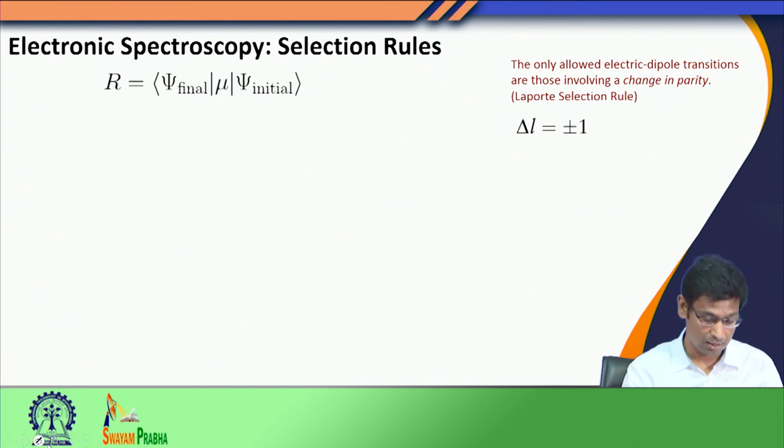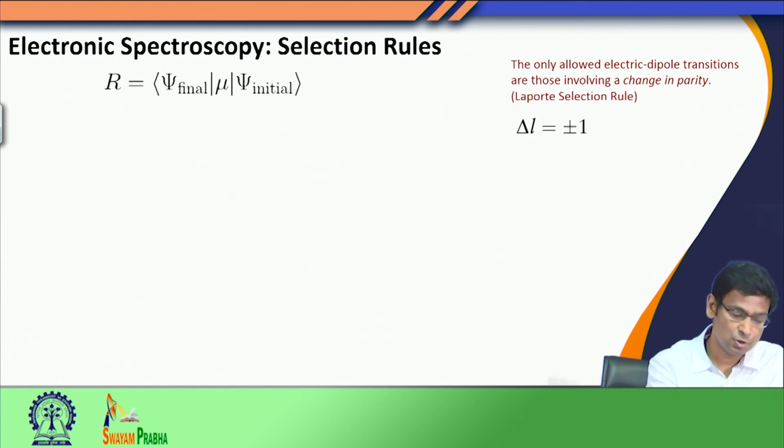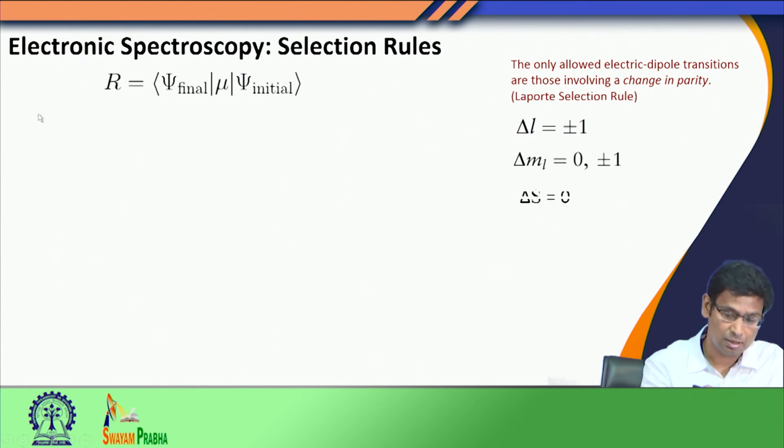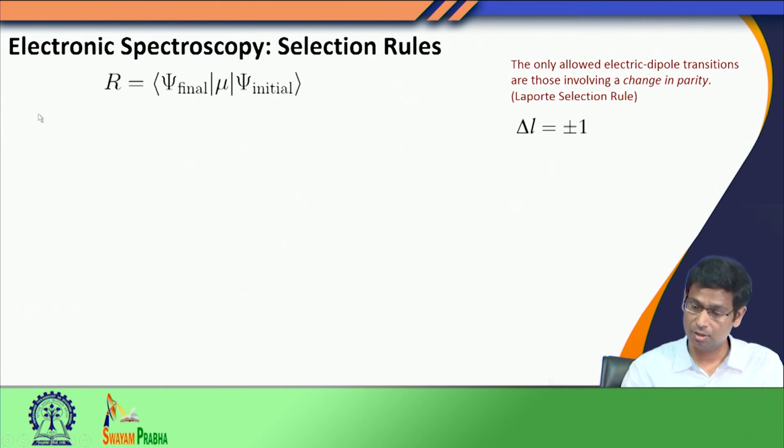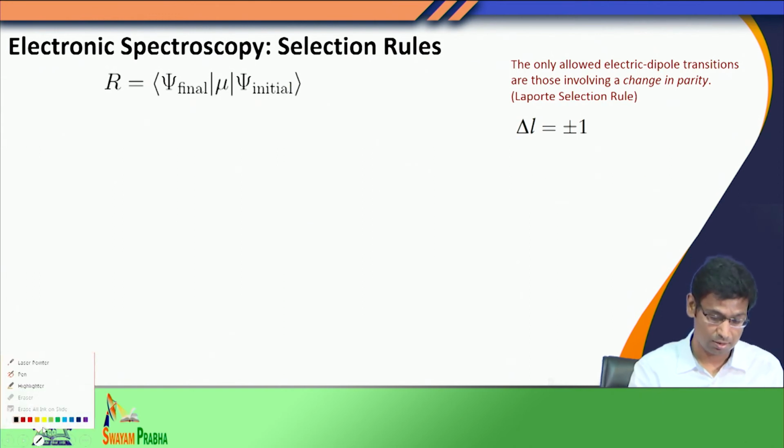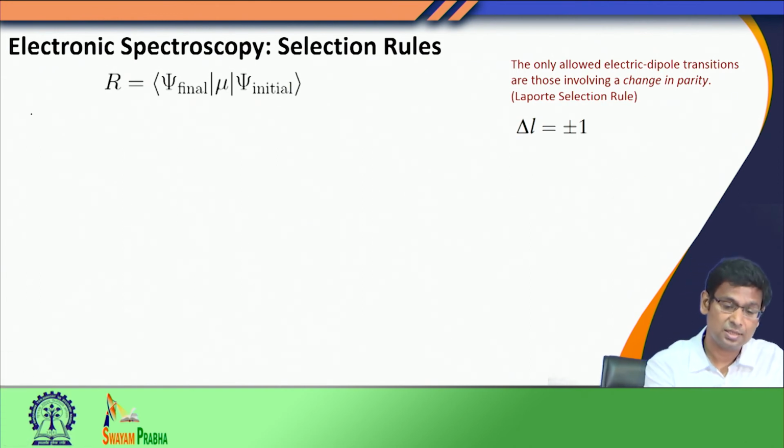Now, we will look at the next symmetry. We talked about L, but when you have an electron, it not only has the azimuthal quantum number or the orbital angular momentum, it also has the magnetic quantum number ml, which depends on L. So, now we will consider the selection rule corresponding to ml.